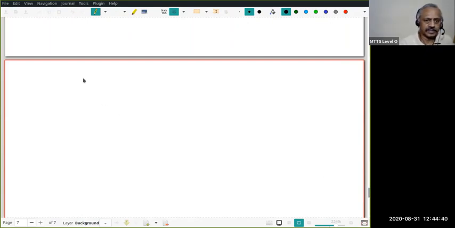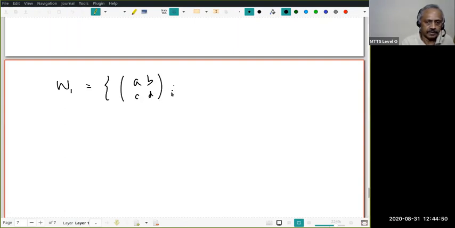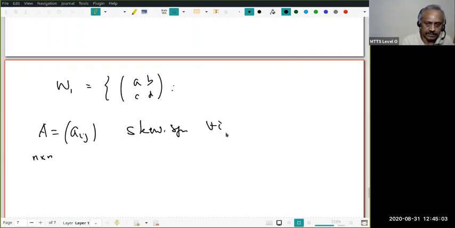Before we go further, now let's look at another vector subspace W1, which is all skew symmetric matrices [A, B; C, D], right? What is a skew symmetric matrix? Remember, if I give a matrix A equal to (aij), an n cross n matrix, you would say it's skew symmetric if for all i, j, aij must be equal to minus aji.